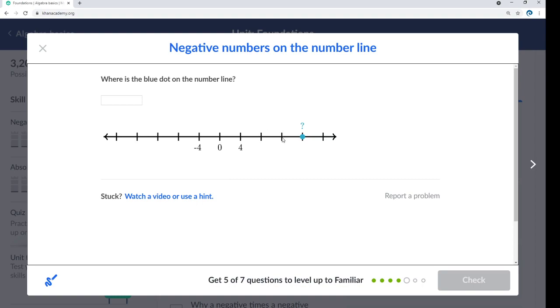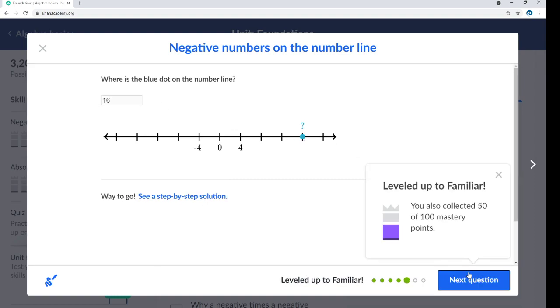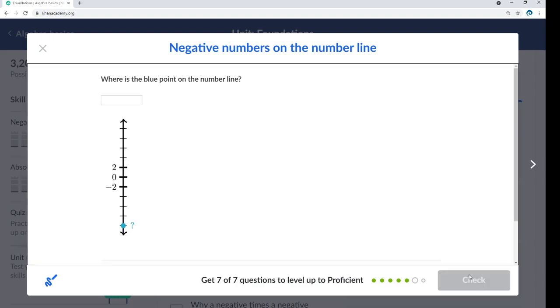And this is 12. And therefore this is 16. Right? Yeah, I have collected 50 of 100 mastery points. I will take it. Thank you very much. Let's go to the next question.